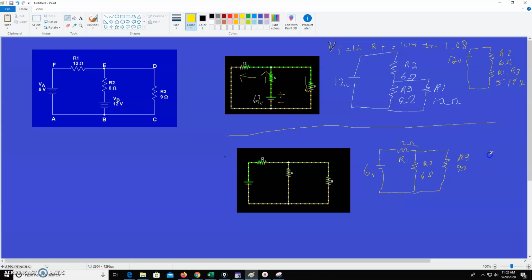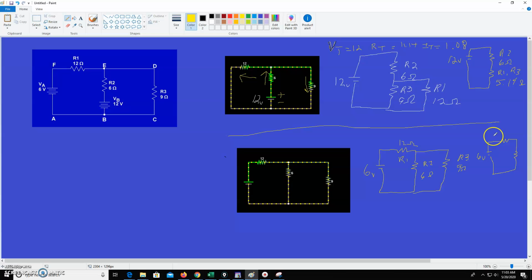So I'm going to try to draw teeny tiny again. 6 volts. And so here's our 12 ohm, and 6 and 9 in parallel. Let's see, 6 times 9 is 54, divided by 15, that's going to be an odd value.